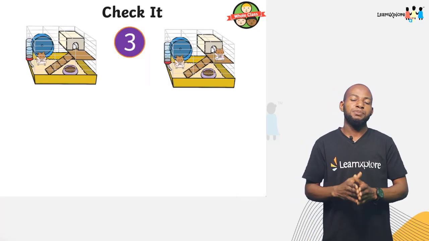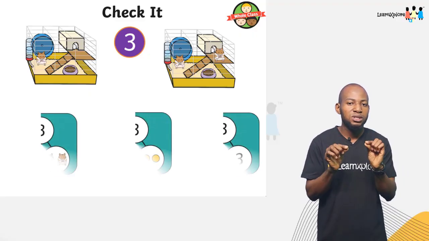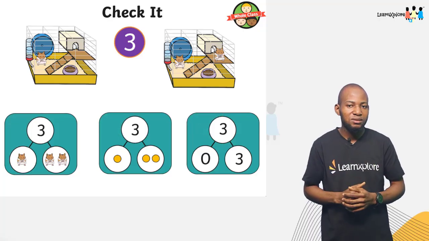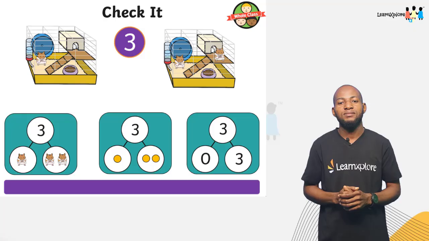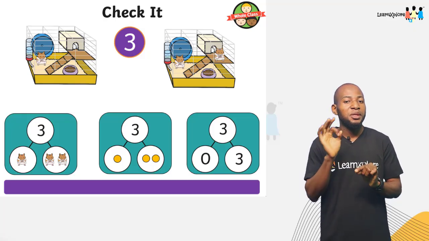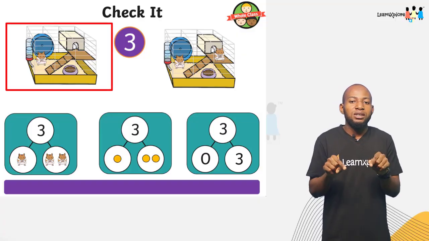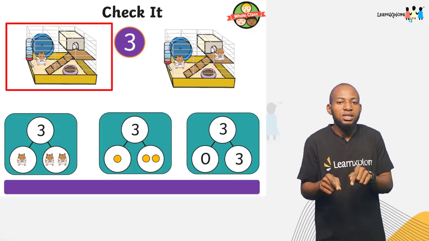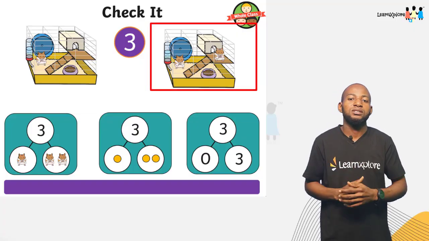Now, look at this picture. Can you spot the odd one out? We have 3 pets. One is in one of the cages and the other 2 are in the other cage.